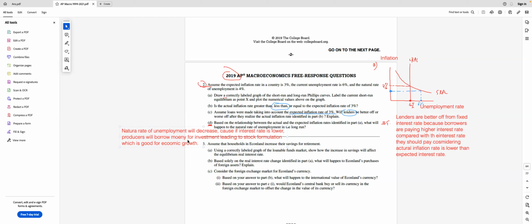They will borrow more money for investment, and investment again refers to money spent on productive machines, equipment, tools, that kind of thing. If they borrow more money to invest, this can lead to something called stock accumulation. Canadian firms get more equipment, tools, machinery. So that is good for long-run economic growth because we got more stock resources.